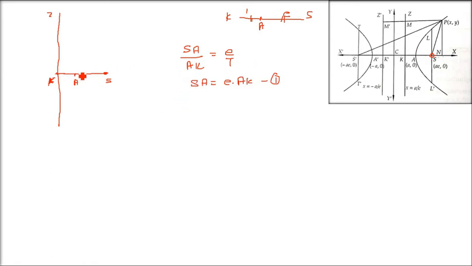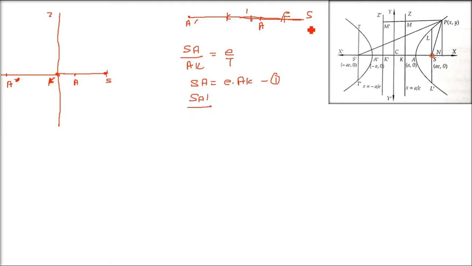Second situation: now we are dividing this line KS externally. Let us say the point here is A dash. A and A dash, we will also find some relationship between them. But right now, I am extending SK to a certain point A dash such that there is again a relationship which is E is to 1.